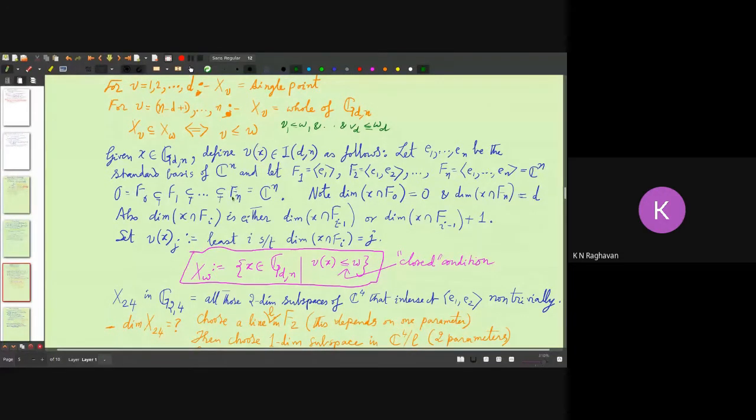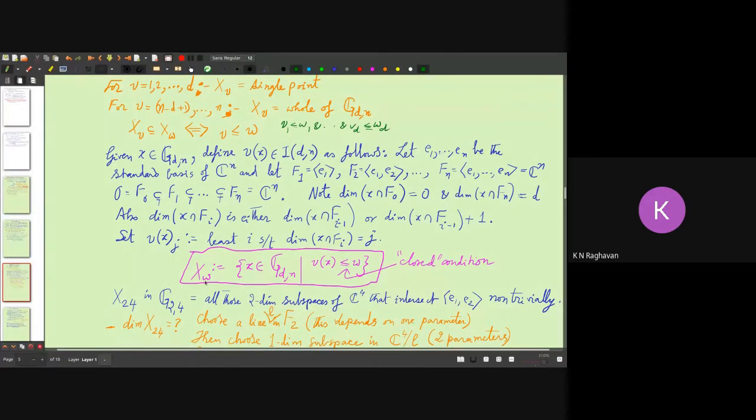When I intersect with Fn, I have dimension d. And I must increase at most in steps of 1, which means precisely that at d of these stages, I increase exactly by 1. And that is my definition of v(x). In other words, it's the least i such that the dimension of x intersect Fi is equal to j.